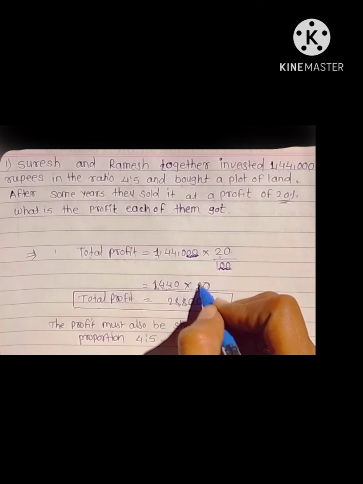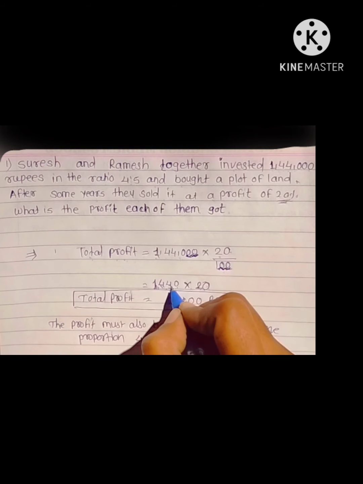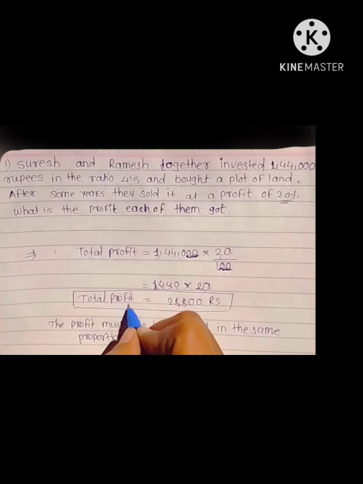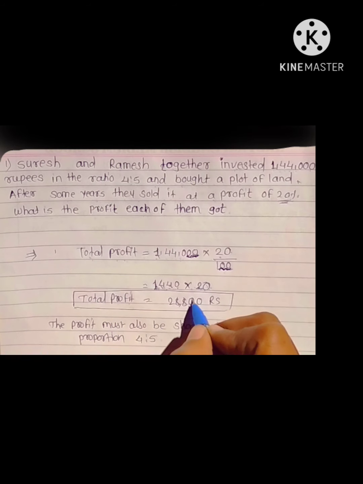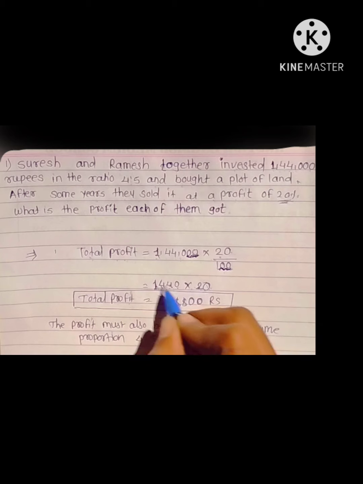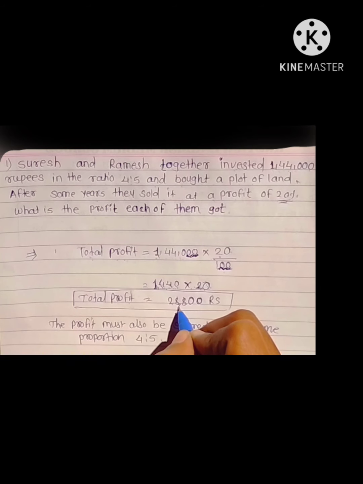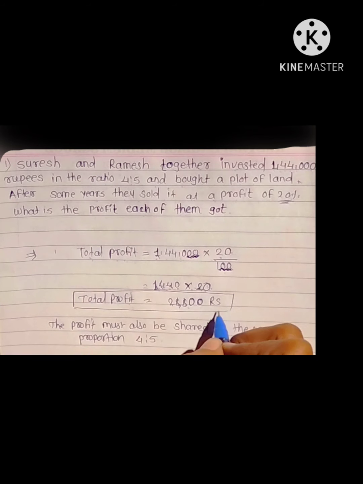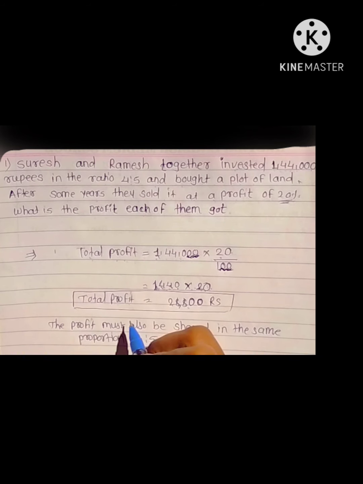Now we take the multiplication of 1,440 into 20. 4 2s are 8, 4 2s are 8 and 2 1s are 2, which means 28,800 rupees. It is the total profit on 20%.